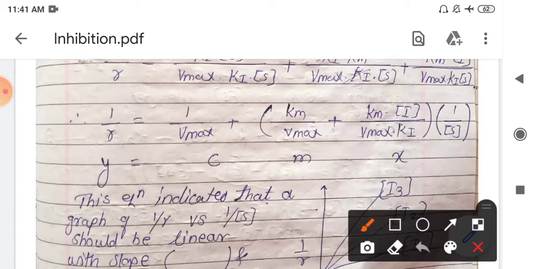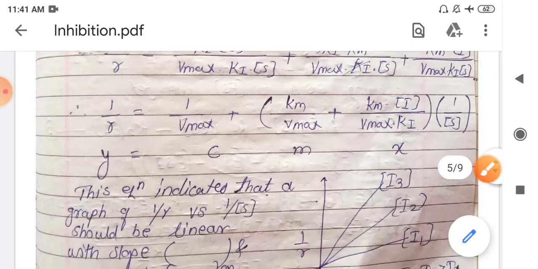In that standard equation we are getting an extra term here due to this competitive inhibition. So due to this extra term, what will happen? The slope of the overall reaction will change, because this is the slope of our reaction.